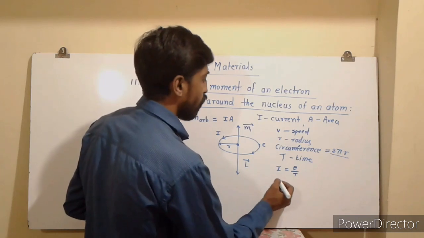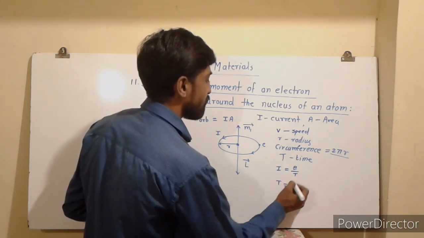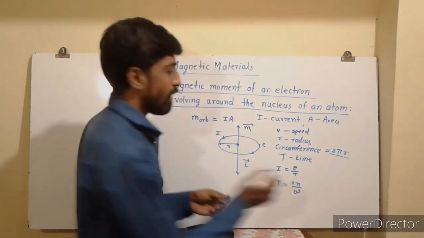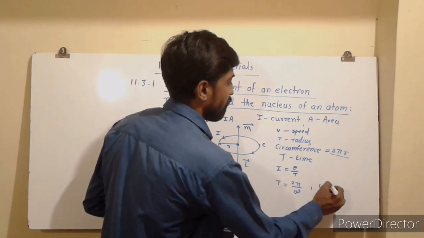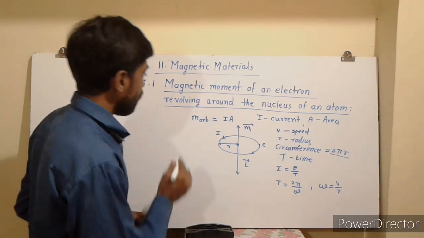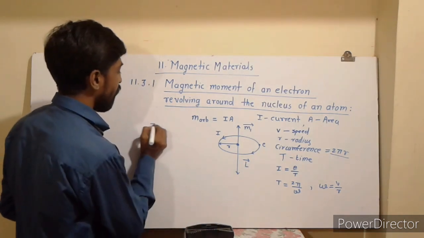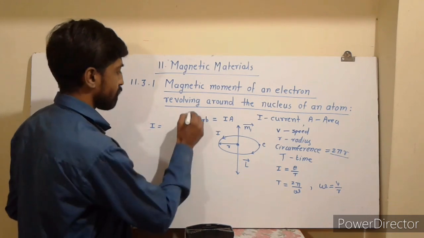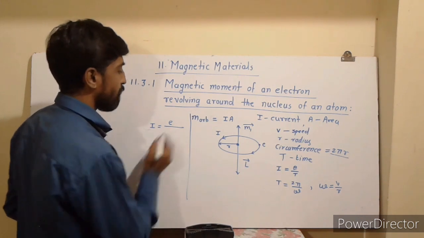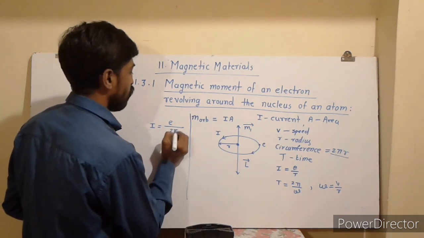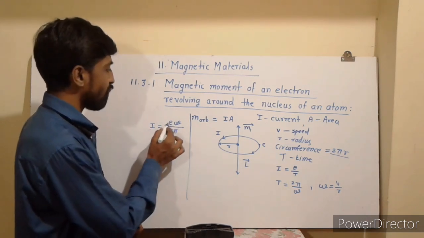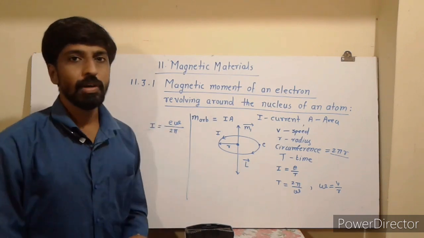And we know that the formula for the period is T equal to 2 pi by omega. And we also know that the formula for omega is v upon r. So therefore we get I is equal to e divided by 2 pi, and here the omega is. So the formula for the current is I is equal to e omega divided by 2 pi.